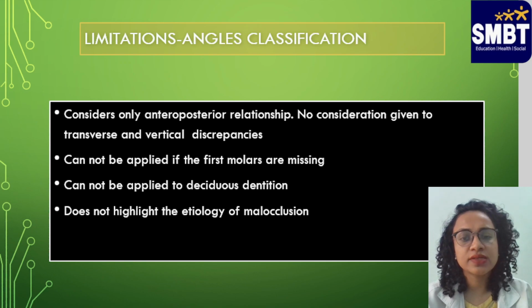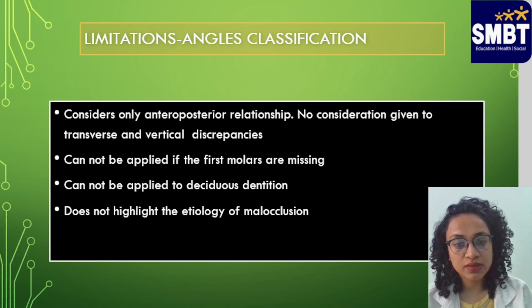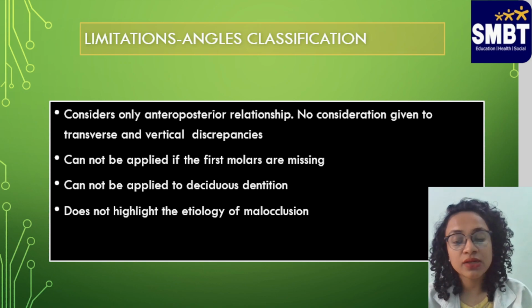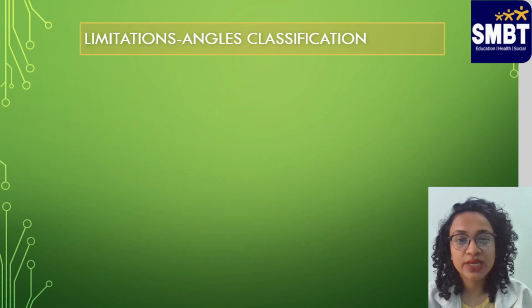So this is also a disadvantage because if you have any child who is in the mixed dentition, or let's say he has a deciduous dentition, you cannot apply Angle's classification of malocclusion. And it also does not highlight the etiology of malocclusion. So Angle did not explain why a patient has class 1, class 2 or class 3. So he couldn't exactly let all of us know the etiology of the malocclusion, although he classified it.